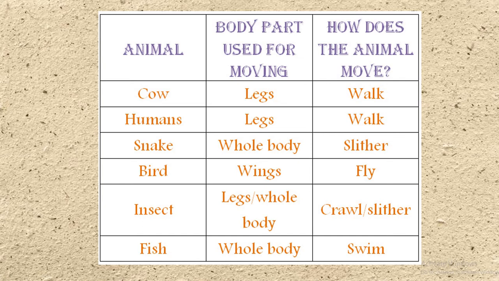For an insect, it is legs and whole body and insects crawl or slither. Slither is like moving in a zigzag motion from right to left like the snake. Fish uses its whole body and swims. Yes, absolutely correct.